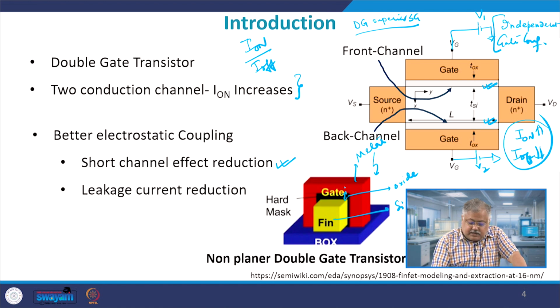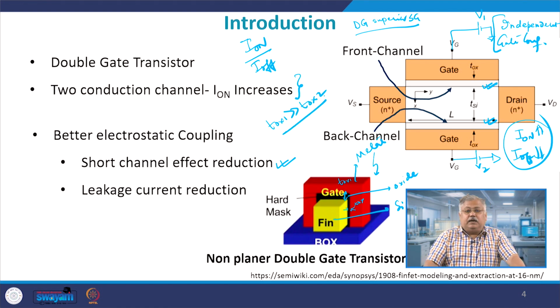So, if I define this as TOX1 and this as TOX2, then TOX1 is much larger as compared to TOX2, primarily meaning that the top gate is further away from the fin, and therefore this effectively behaves like a double gate MOSFET. So, I hope structurally a FinFET can be converted to a double gate.